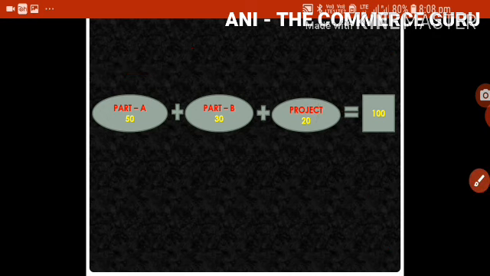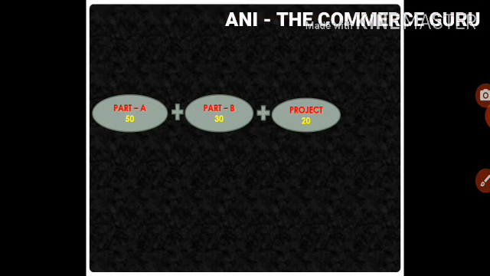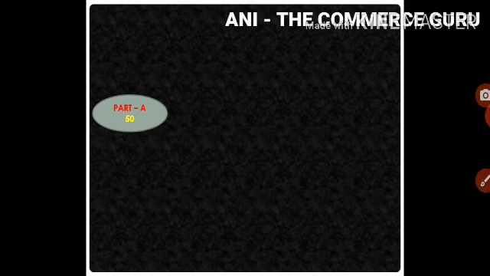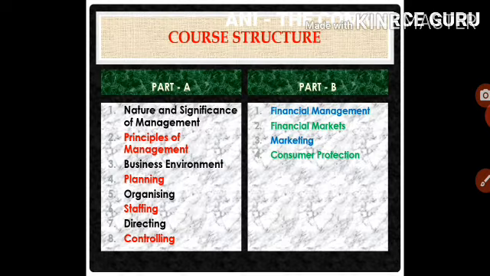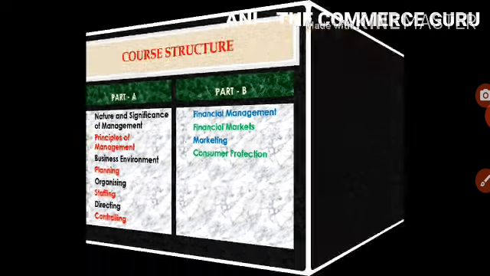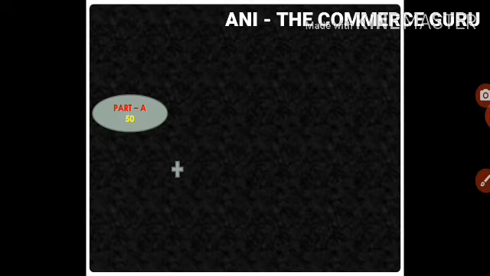I hope you are very much clear about the course structure. Once again, Part A, 8 chapters, Part B, 4 chapters. Altogether, you have 12 chapters to learn. Hope the course structure of business studies class 12 is clear to you all.